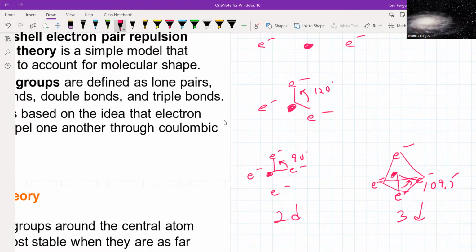Because electrons repulse, which is unstable, you want to minimize the repulsion by keeping them as far apart as possible. That's the basis of this whole thing.